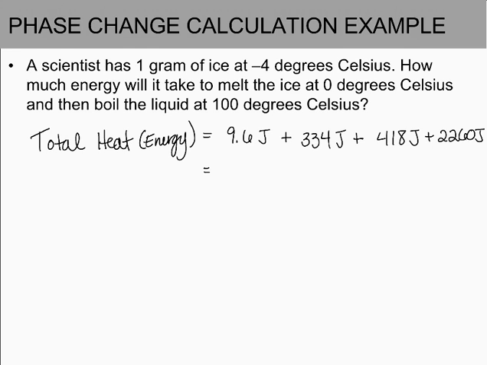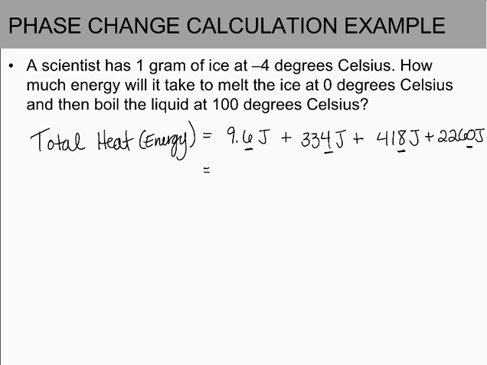Now remember, when we're adding numbers together, we care about the least number of decimal places. In this case, most of our numbers end in the ones position, except for one of our values, which ends in the tenths place.